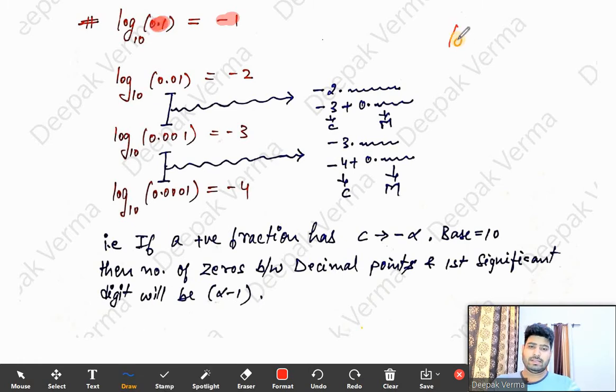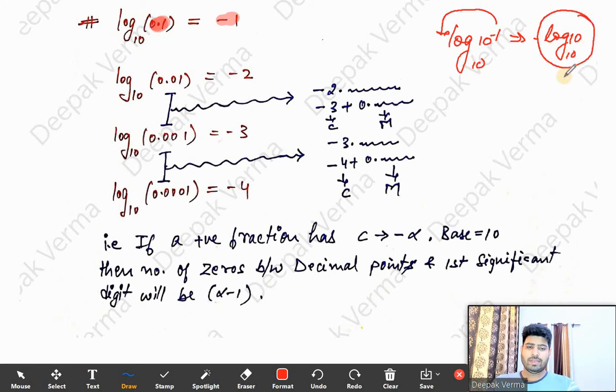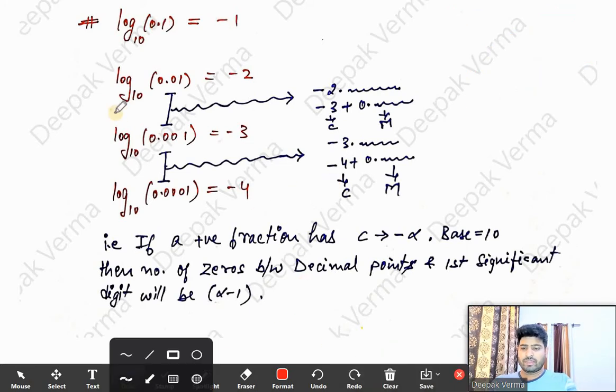Log of 10 to the power minus 1, and this minus 1 will come in front, so we will get minus log 10 base 10, and the value of log 10 base 10 is 1, so we are left with only minus 1. Got it? I hope it is clear.